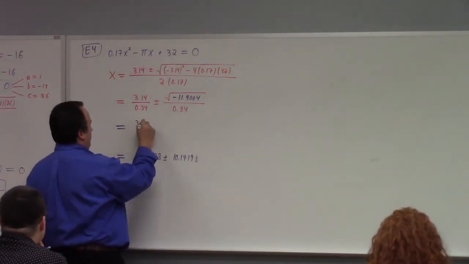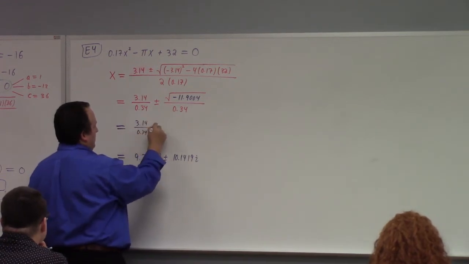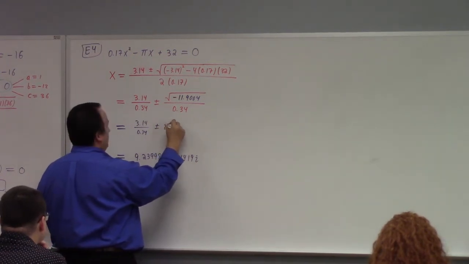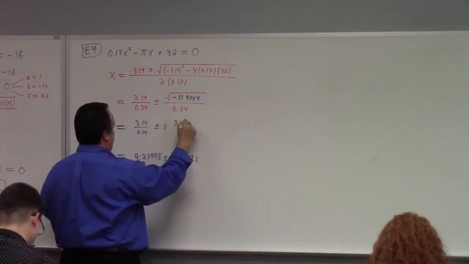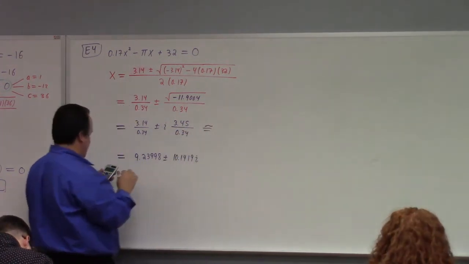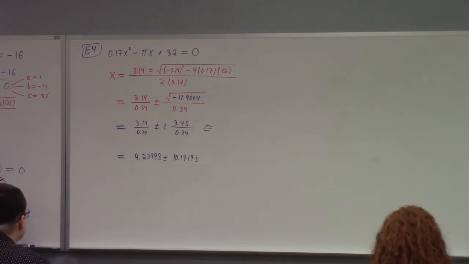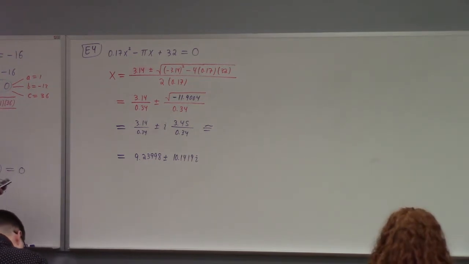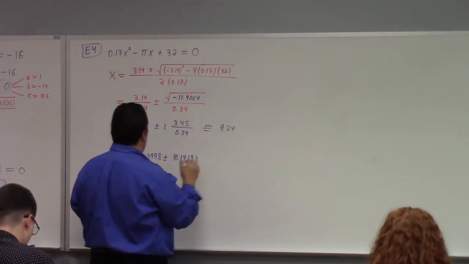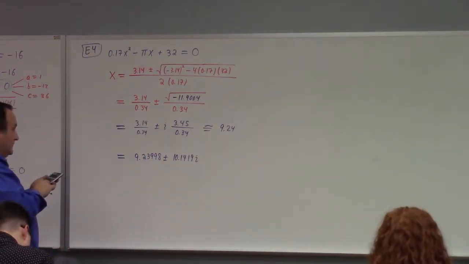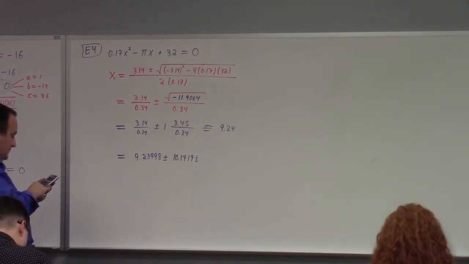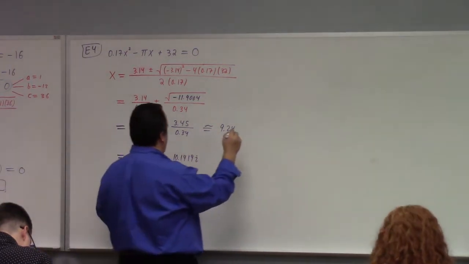So I've got like 3.14 divided by 0.34 plus or minus i times 3.45 divided by 0.34-ish. And so 3.14 divided by 0.34, I get 9.24-ish. And 3.45 divided by 0.34, I get 10.15.